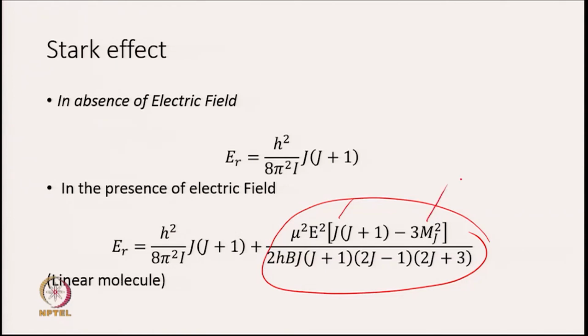Here mu is the dipole moment and E is the electrical field. So by studying the Stark effect, we can obtain the value of mu. This is the way the dipole moment is calculated.